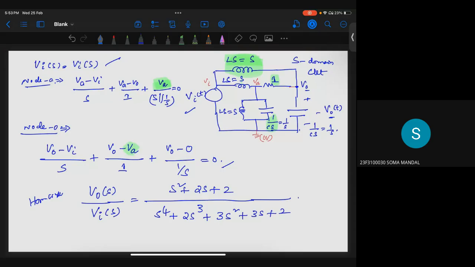Is this fine? So this is the final expression, the transfer function. Any doubt? So these calculations you can carry out. Any queries?